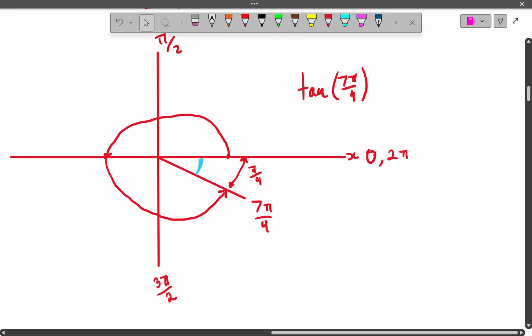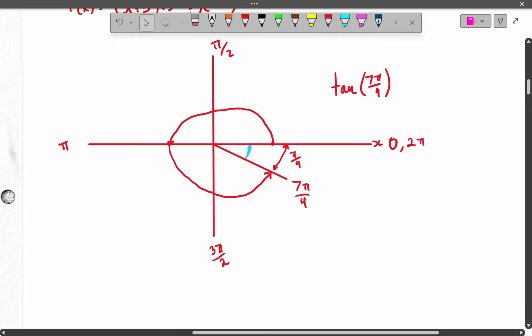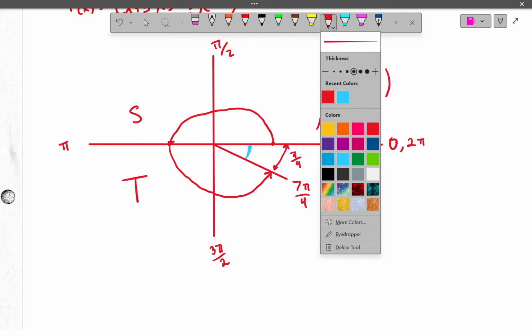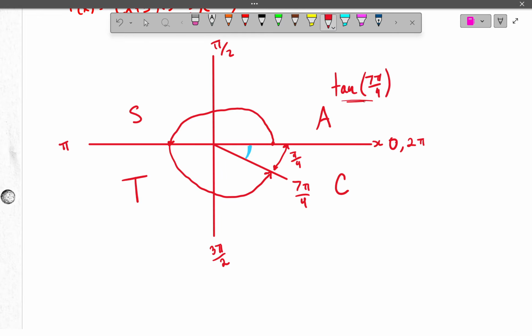And another thing that we need to be considerate of is where we are on this unit circle. Because if you recall, there's a rule called the CAST rule, which goes like this, where C is here, A is here, S is here, and T is here. And all of these letters, the C, A, S, T, tell us where the trig ratio, so tangent, sine, or cosine, is positive.